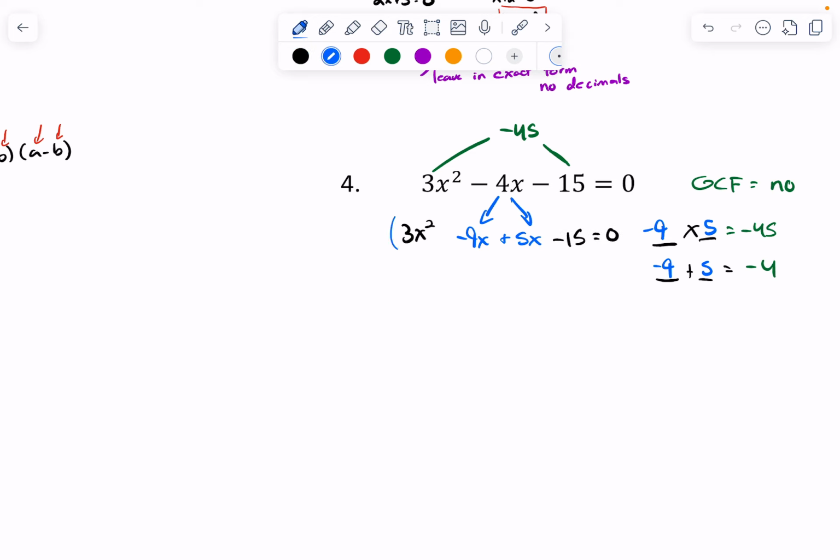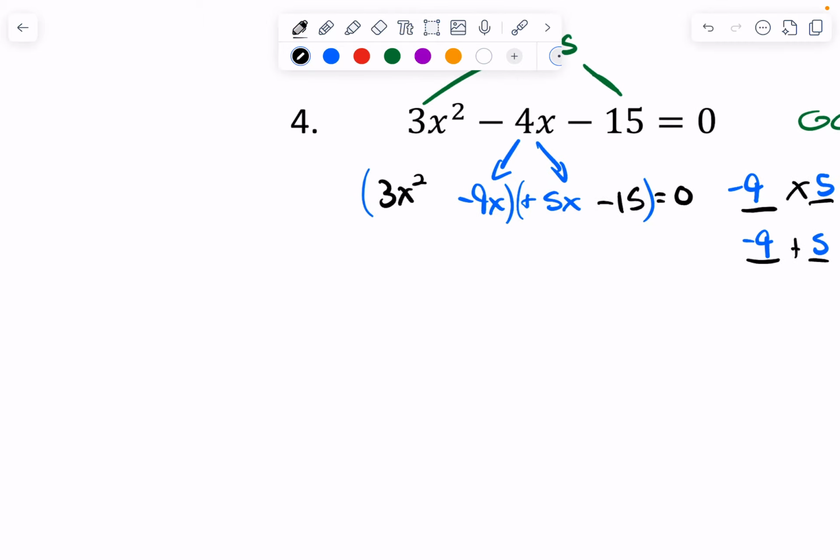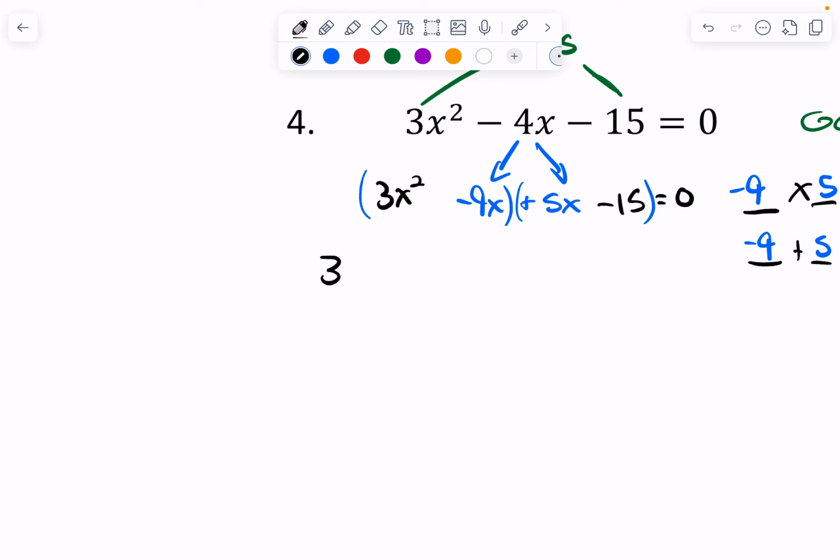Put your fake brackets, just so we can do our grouping. Pull out of the first bracket a 3x, because that's your GCF there. I'm just going a little faster now because we've been doing this for a bit, so hopefully this is now getting much easier. And then on the second one, you pull out a plus 5, because that would leave you with x minus 3.